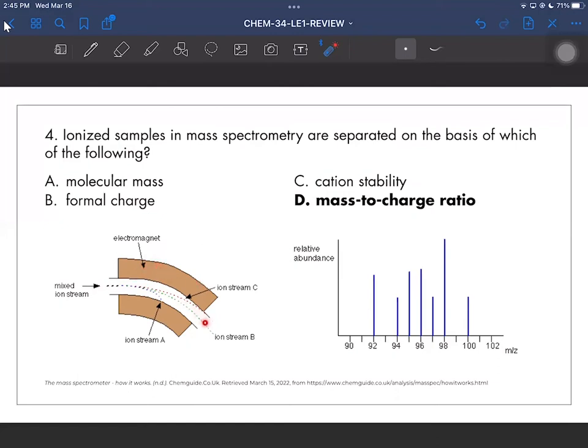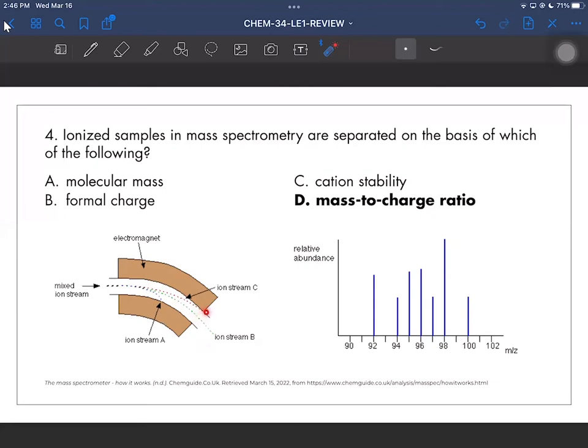And the extent of deflection is dependent on two things. It is dependent on the mass of the fragment, and it is also dependent on the charge. That's why we get the mass to charge ratio. And since unique yung mass to charge ratio ng each fragments, they will have different trajectories and will hit the detector at different locations, maybe at different rates.